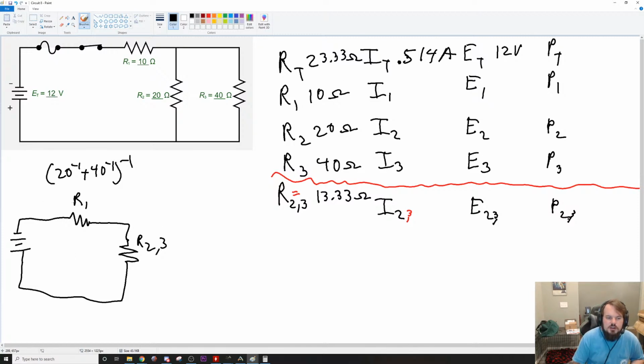And so all the resistors in this series circuit have 0.514 amps. So it's going to be R1 has 0.514 amps, and I2,3 is going to be 0.514 amps. So now we can do Ohm's law again to work through this circuit.